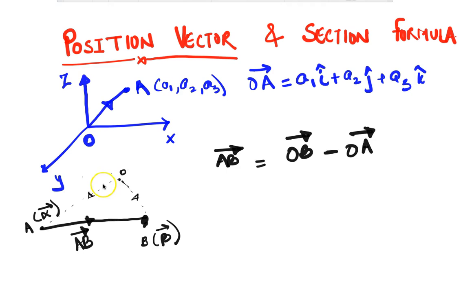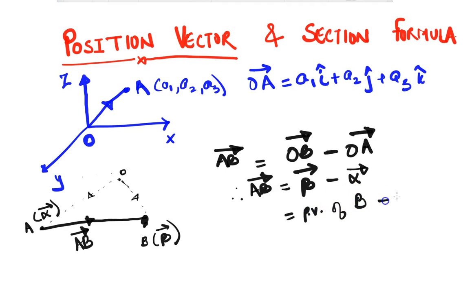So AB vector is AO vector, which is minus OA vector, plus OB vector. And therefore AB vector is nothing but OB vector, which is beta vector, minus alpha vector, which is the position vector of point B minus the position vector of point A, right?